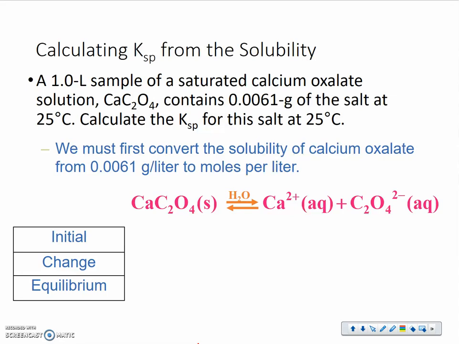Right now we have grams per liter, but we need this to be moles per liter because the numbers we plug into ICE boxes are concentrations, or moles per liter. So we just care about changing the gram part into the moles. We don't care about the liter. We want to keep that there.